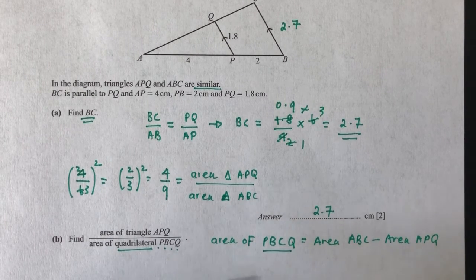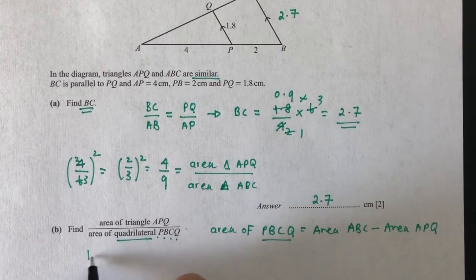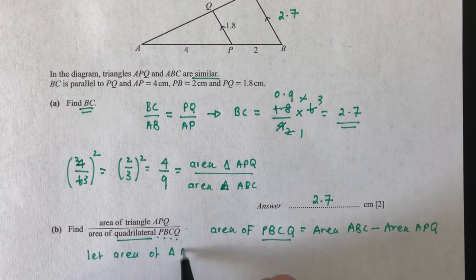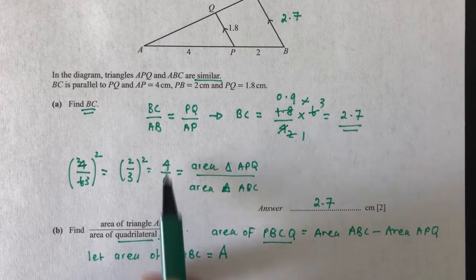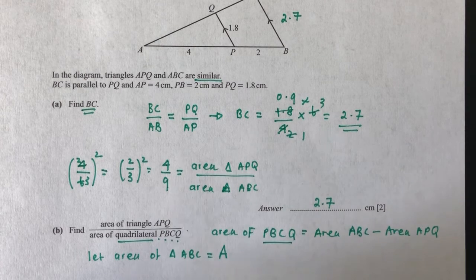So now what we can do, let the area of triangle ABC equal to big A. So from this fraction, we get that area of triangle APQ is equal to 4 over 9A.